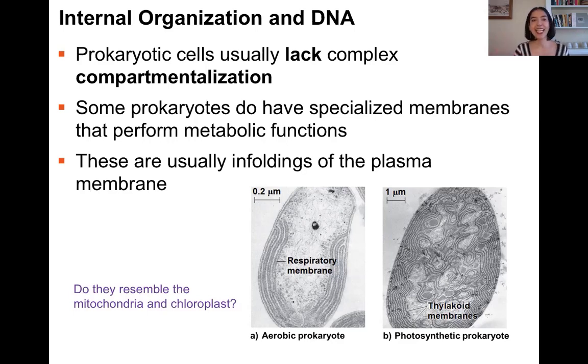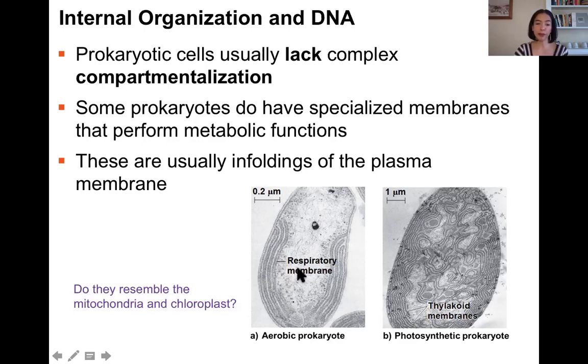And they lack this compartmentalization, not only related to the membrane of the nucleus or the nuclear envelope, but also regarding all of the other compartments that we see in the eukaryotic cells. So they lack compartmentalization.